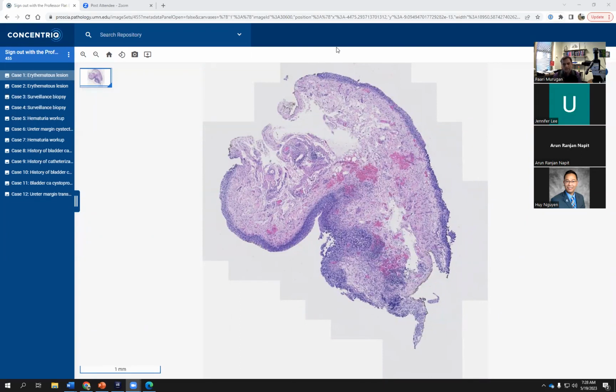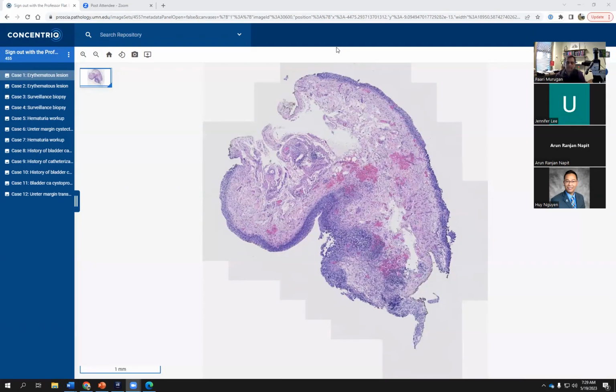It always has to be a high-grade flat lesion. These concepts are very important to understand. As I mentioned, it's because of the biology of the tumor and also because of the way these are risk stratified.